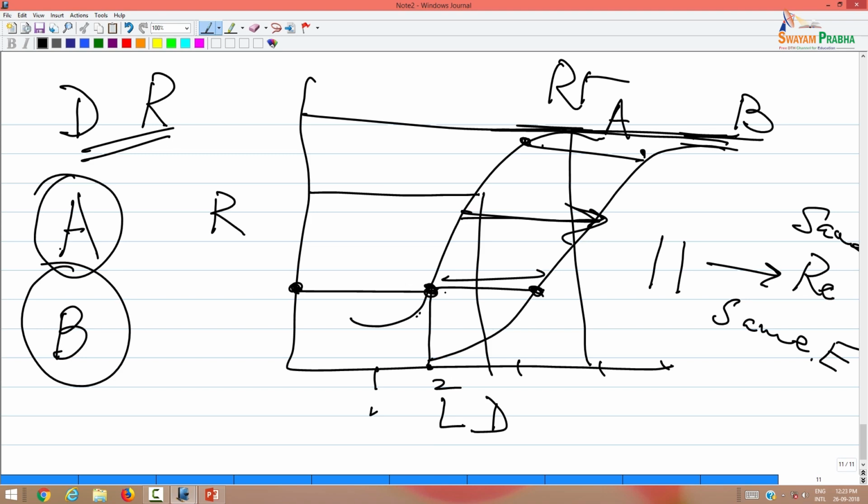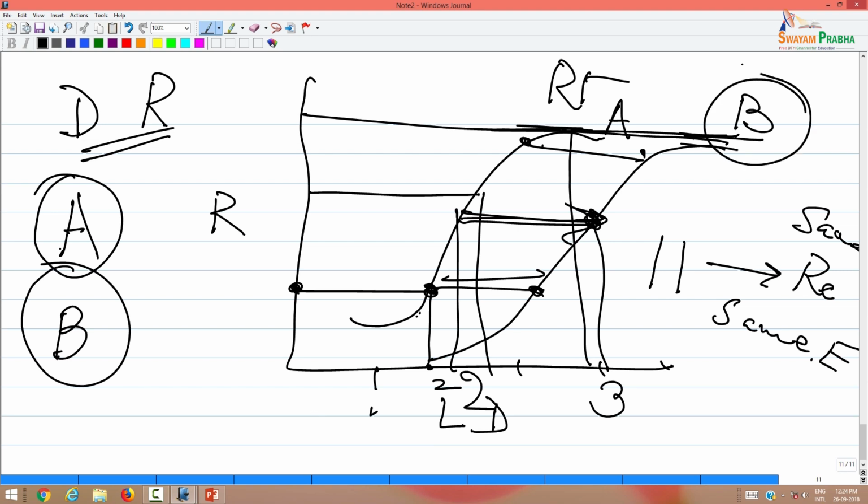How much lesser dose? If you compare, this is say log 3 versus this is log 2, that means the difference is log 1. That means drug A is 10 times more efficacious than drug B, or drug B is 10 times less efficacious than drug A. Drug A is more efficacious.